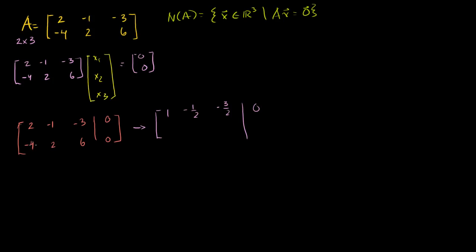And let's divide this other row, just to simplify things, by 4. So I'm doing 2 row operations in one step, but you can do that. I could have done it in 2 separate steps. If we divide it by 4, this becomes minus 1, 1/2, 3/2, and then 0.